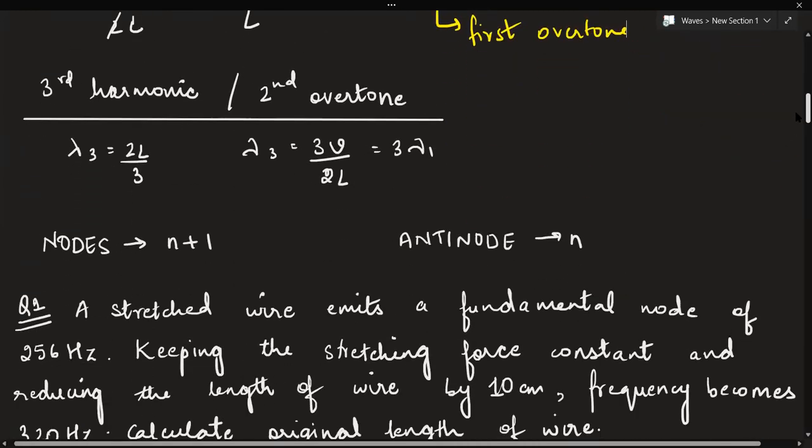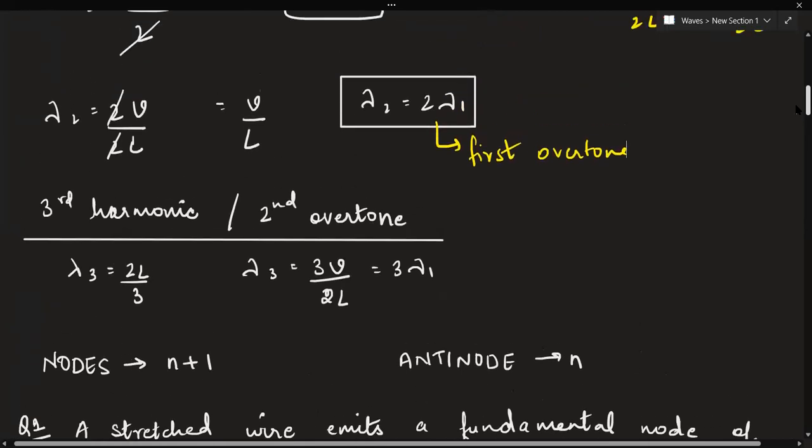Then if we put it for the third harmonic, lambda 3 will be 2l by 3, and frequency 3 will be 3 times the first. And one more thing: if we have to find the number of nodes, we can use n plus 1. If only one loop is there, antinode will be 1 only. So that's why we are saying antinodes are n.